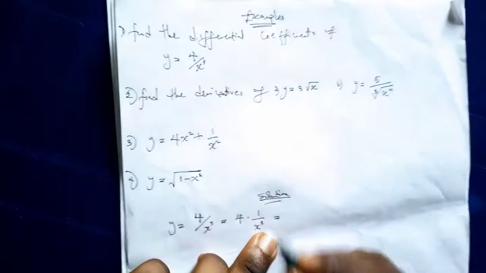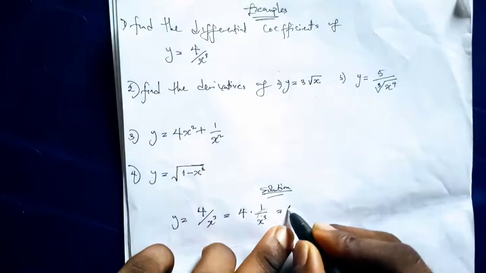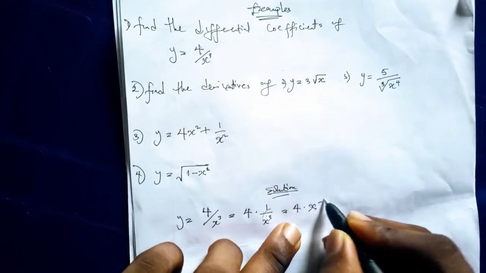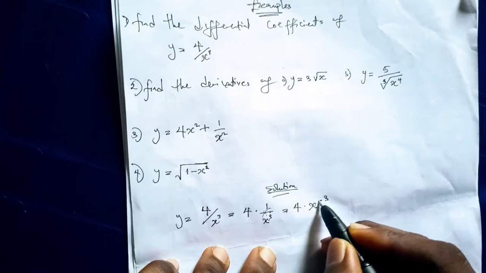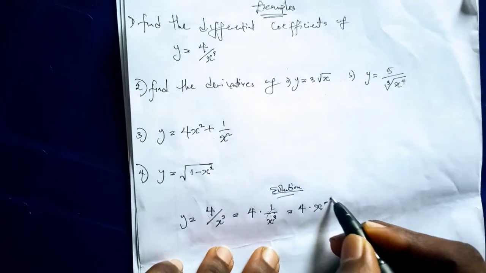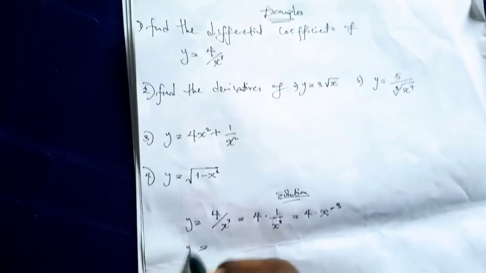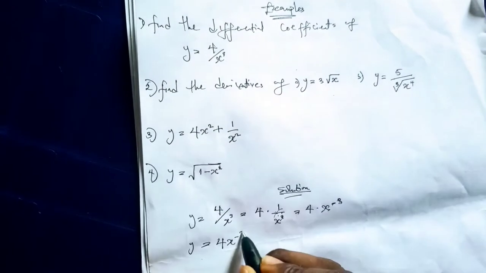Now, from indices, we know that this is 4 times x raised to power negative 3. 1 divided by x represents this negative, and this is our power here. And this is easier to understand. Y is now equal to 4x negative 3.